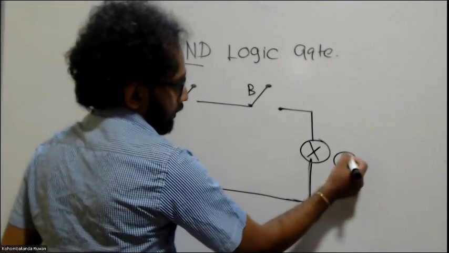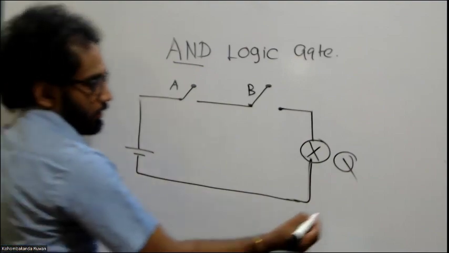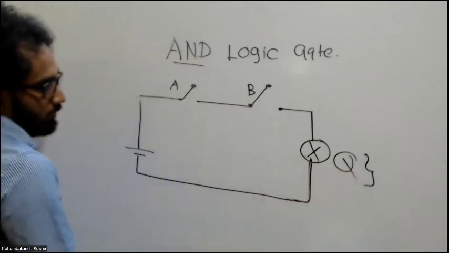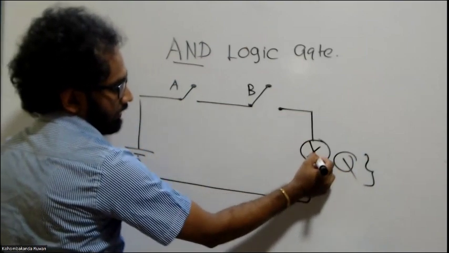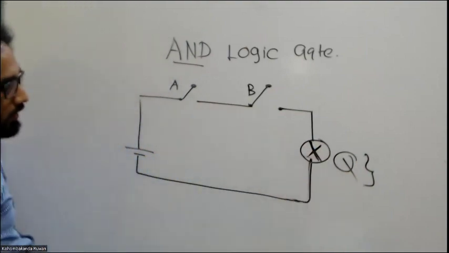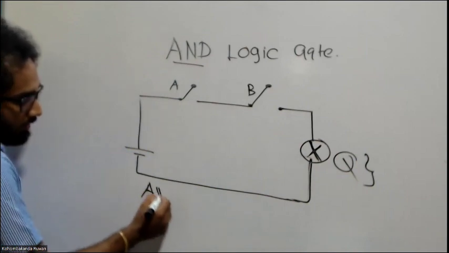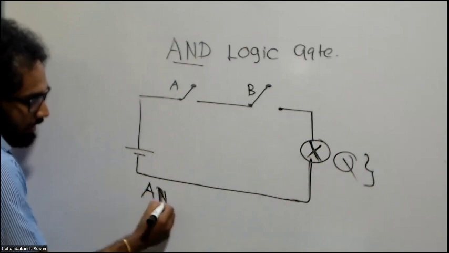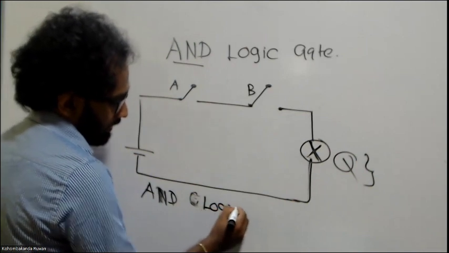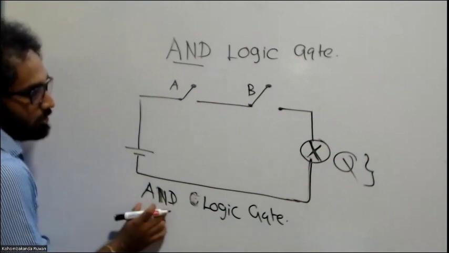We call that Q. Normally the output we denote by using Q. This is some kind of standard. Here you cannot see a light because both switches are switched off. This is the electronic circuit for the AND logic gate.